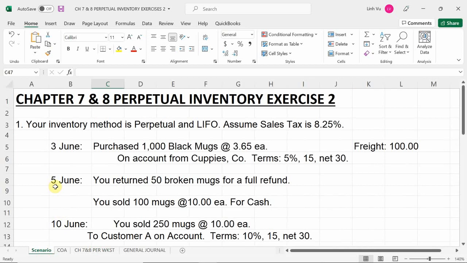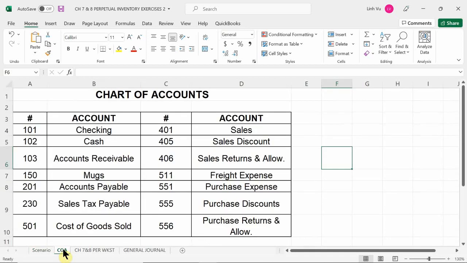June 5th rolls around and you end up returning 50 of the broken mugs for a full refund. How should I journalize this if I'm returning 50 of them because they were broken, for a full refund?